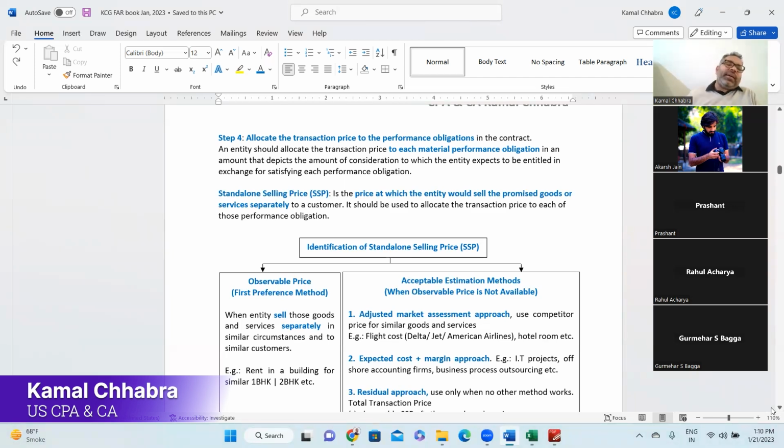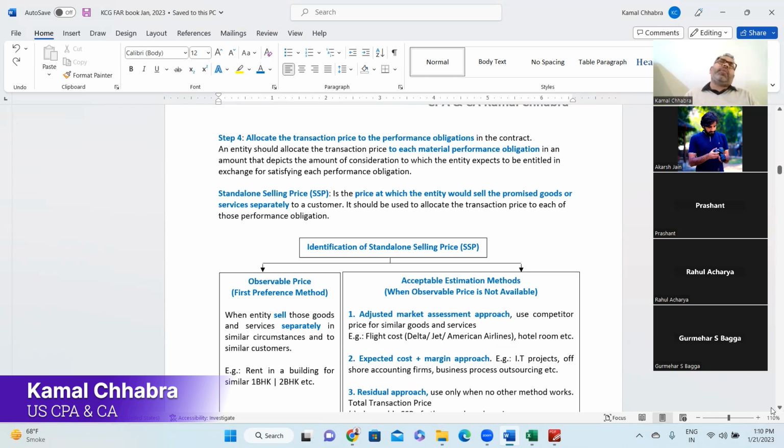Or if I give another example, let's assume you are an airline, like in the airline industry, let's say you are United Airlines or Delta Airlines or any other airline, Frontier Airlines. There are so many airlines in the US, right?